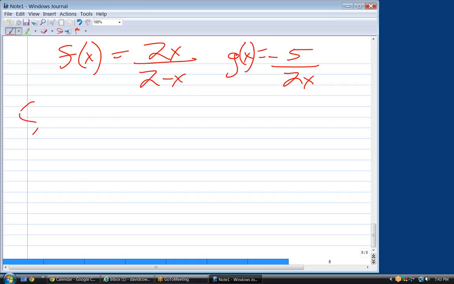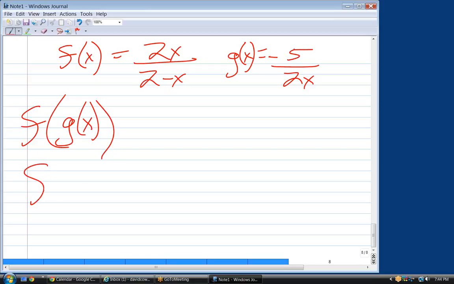If f of x is equal to that, what is f of 3 equal to? F of 3 is equal to 2 times 3 over 2 minus 3. Okay. So whenever we have something inside the parentheses that's not x, all we do is plug it in for x. So I want f of g of x.